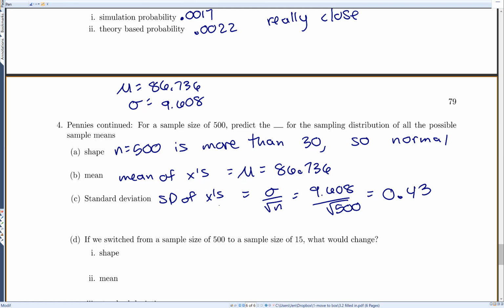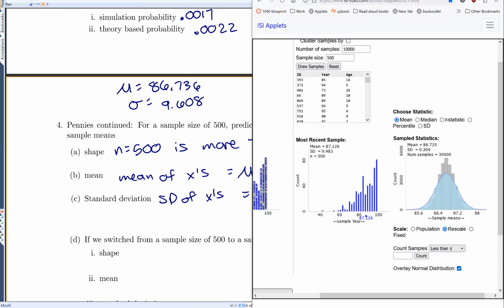And the standard deviation of my x bars is sigma over square root of n, so 9.608 over square root of 500, and I got 0.43. And we said, if you wanted, you could just go to the simulation and put in a sample size of 500, draw your samples, and it will tell you your mean and SD. Now we're a bit off just because of rounding, because it's a simulation. Not a big deal at all. It would still be close enough that you'd get the right answer on a multiple choice test.